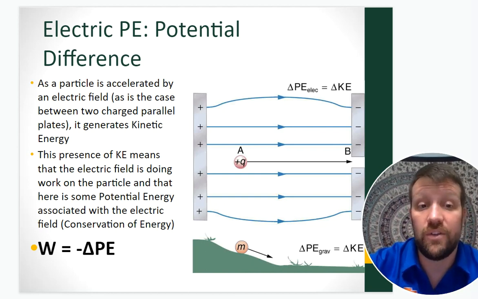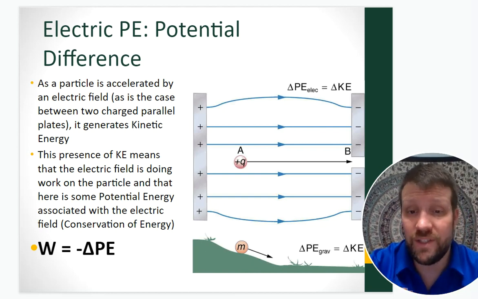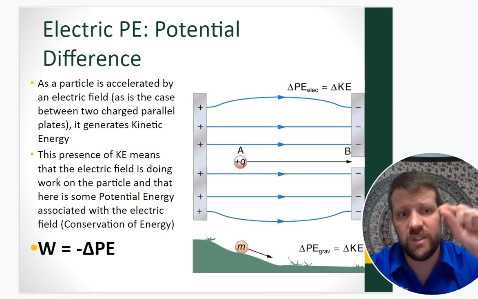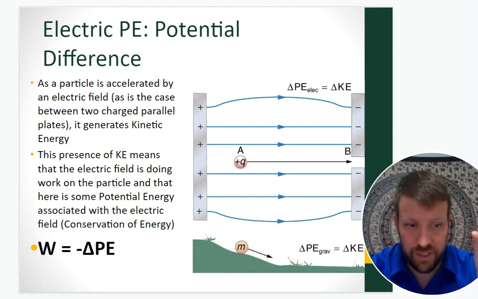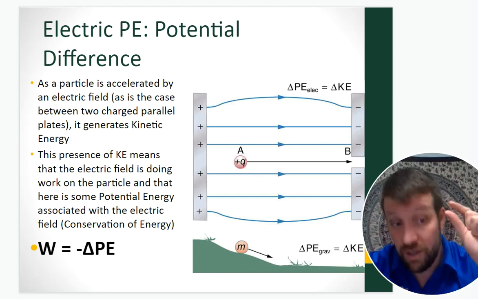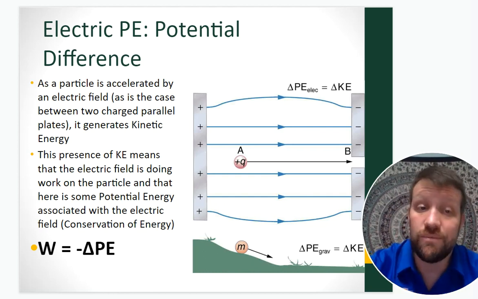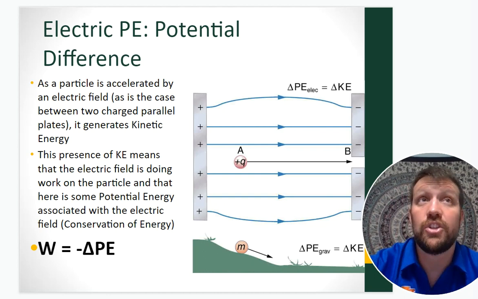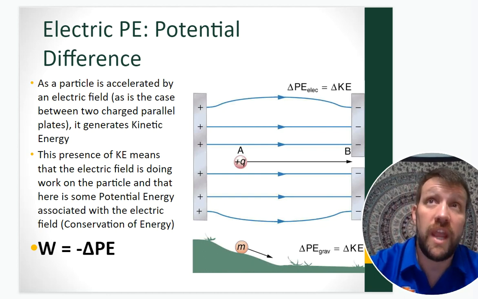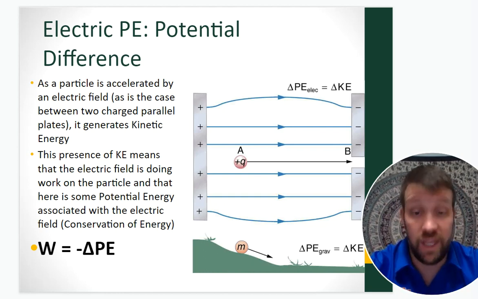So instead of looking at the actual kinetic energy and trying to measure, oh, it's moved this far in this amount of time, because this far is going to be almost nothing, and this amount of time is going to be almost nothing, what we're going to do instead is look at the location that it's moving to and from and determine the amount of work that can be done based on the change in potential in those different locations between the plates.